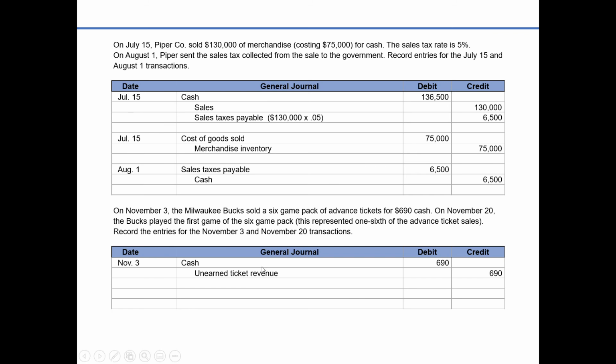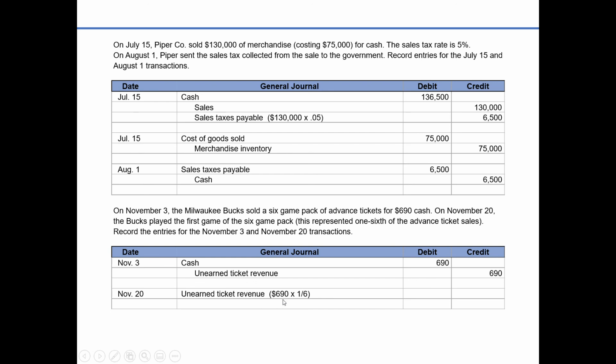On November the 20th, the Bucks are going to play the first of the 6 games. So only one. This represents 1/6 of the advanced ticket sales. So one thing we're going to do is decrease that liability account we originally increased, and we decrease a liability account with a debit. So we're debiting unearned ticket revenue.